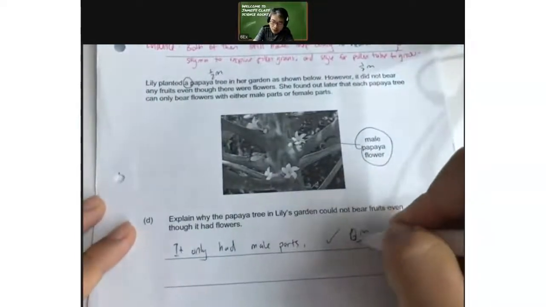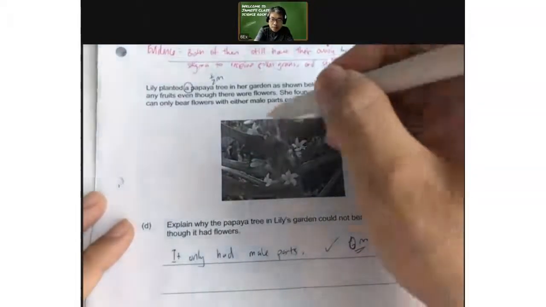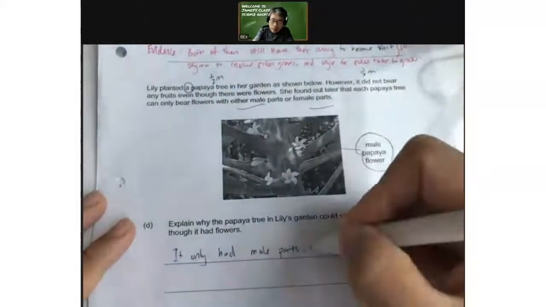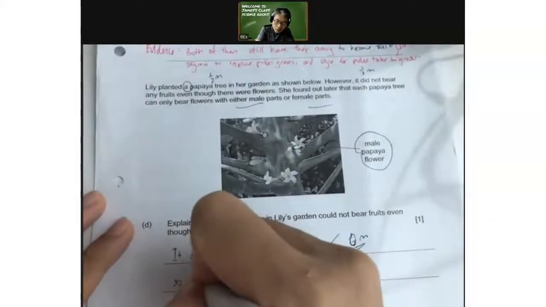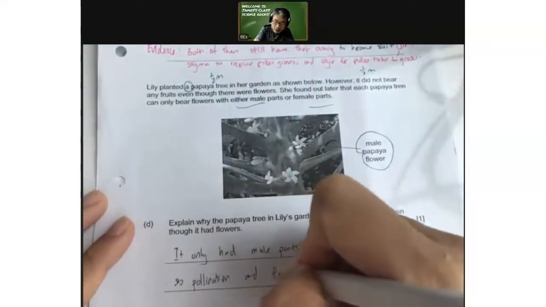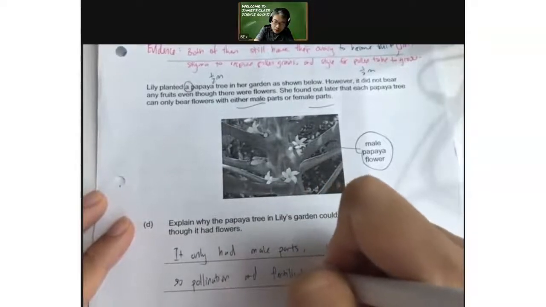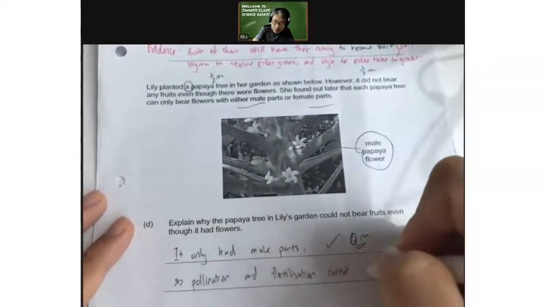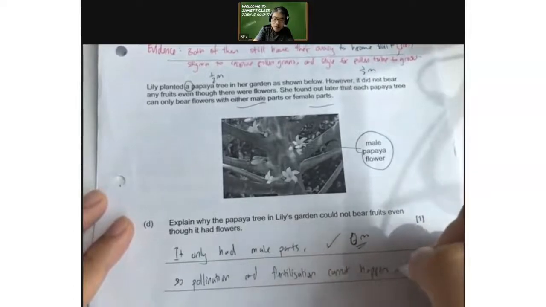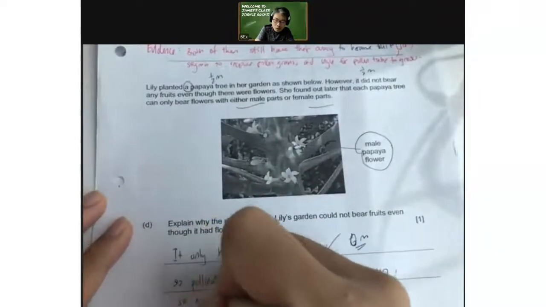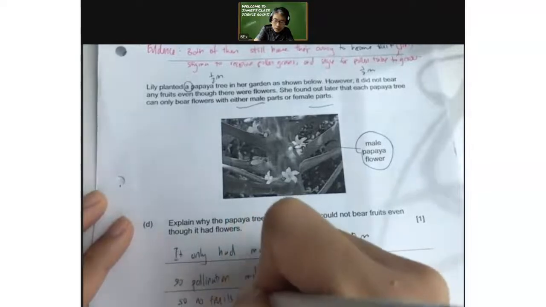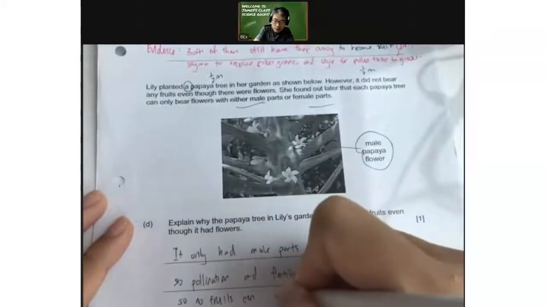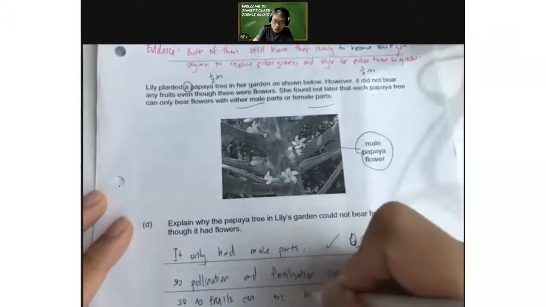And this one, you actually by right should not get any marks because it's given to you. They only have male parts. So pollination and fertilization cannot happen, so no fruits can be born.